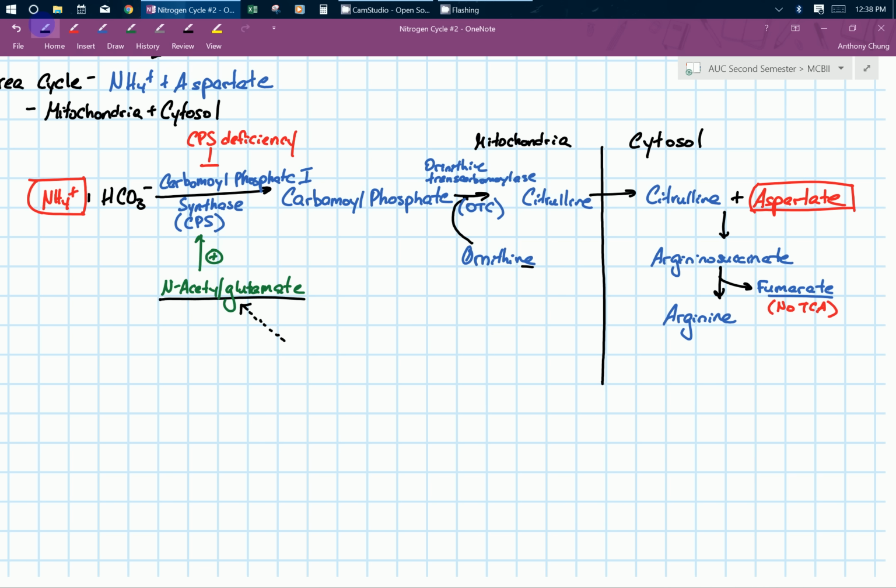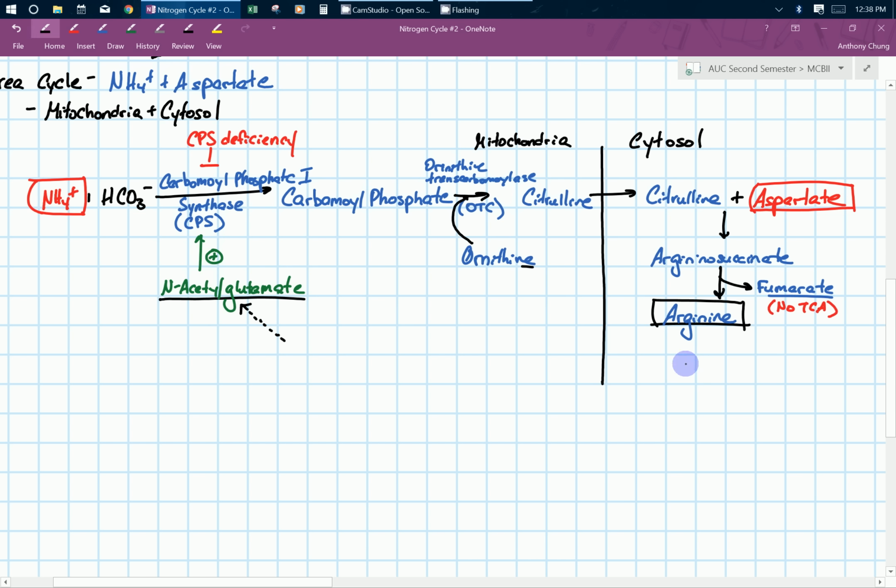This arginine is the key molecule. If you remember the structure of arginine, the last part has a nitrogen with H2, and there's another nitrogen like this, and the rest of the amino acid like that. Well, this over here looks really like urea, and that's exactly what happens.